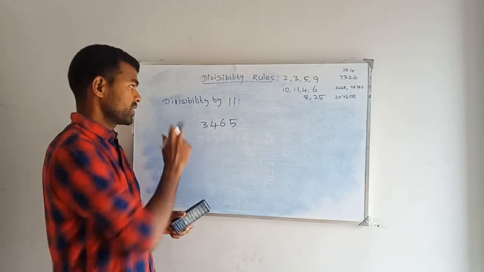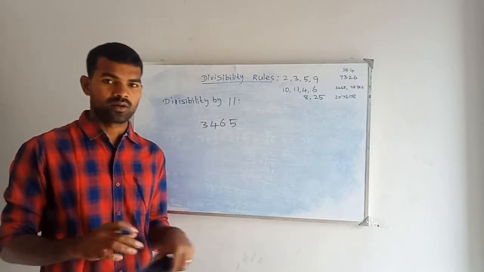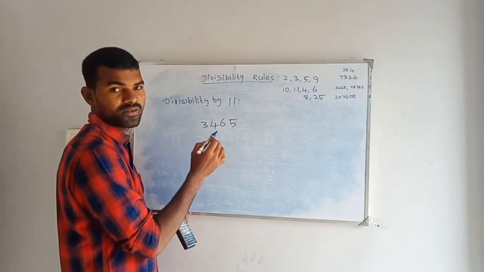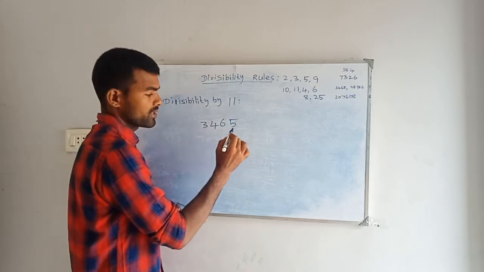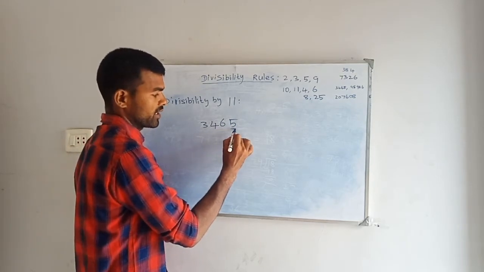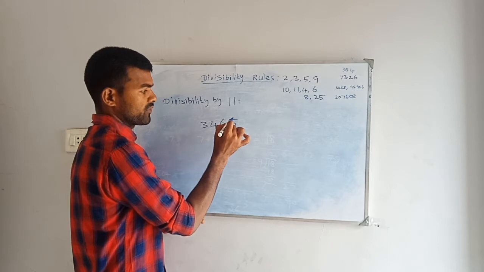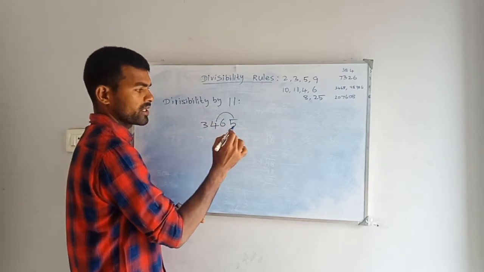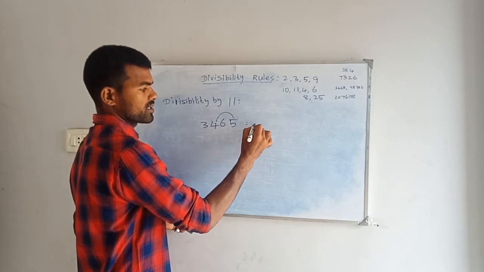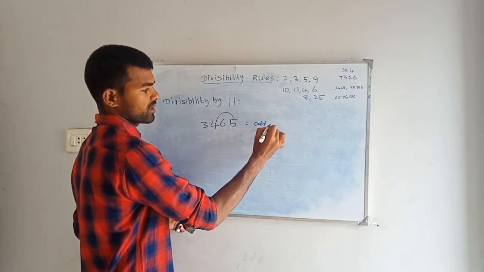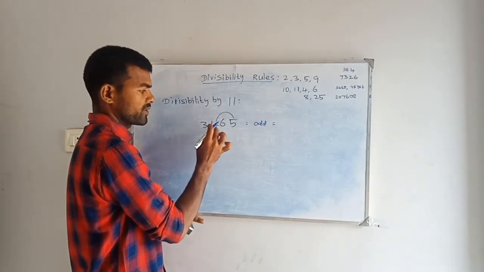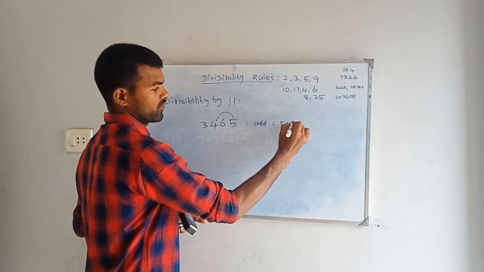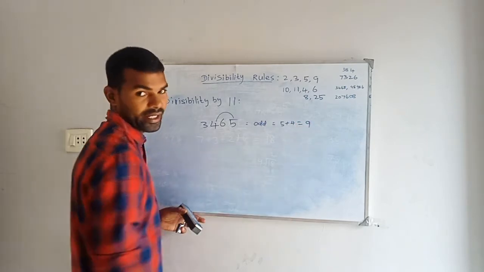The rule for 11 is, you have to find the sum of the odd digits. Counting from the last digit, 1, 2, 3, 4, the odd digits are 5 and 4. 5 plus 4, how much is coming? 9.